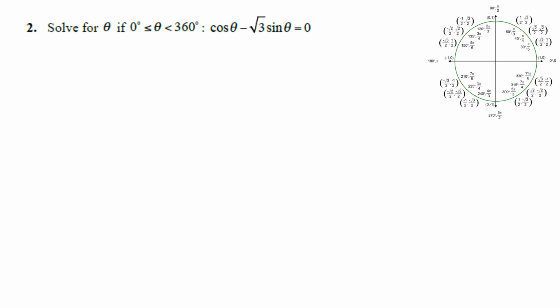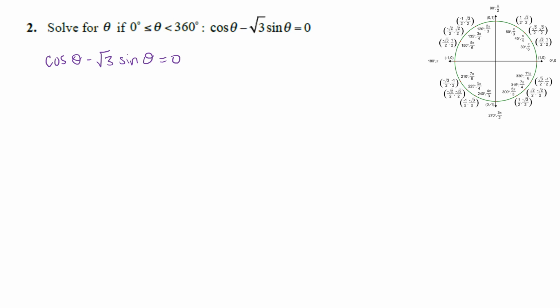All right, next equation is cosine theta minus the square root of 3 sine theta equals 0. For this problem, I have cosine and sine. So let's first move each trig function to a different side.